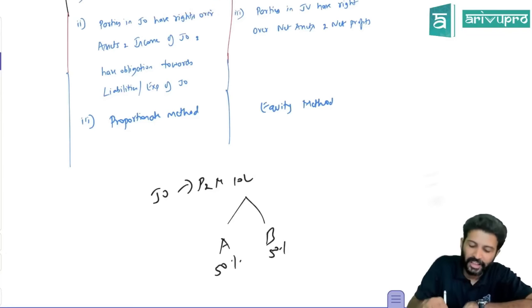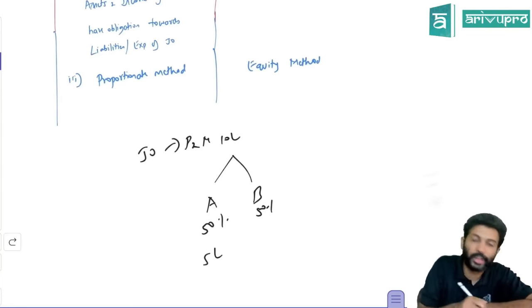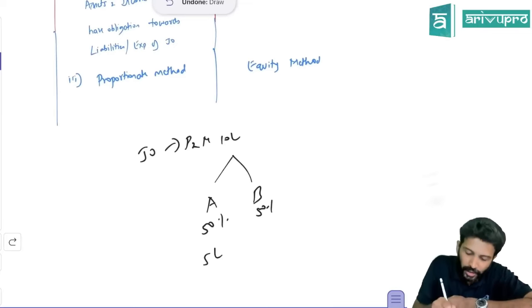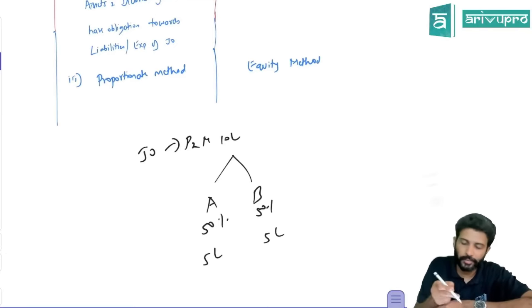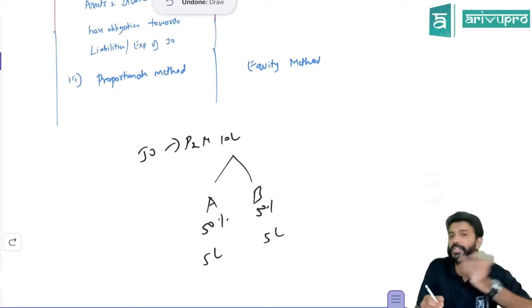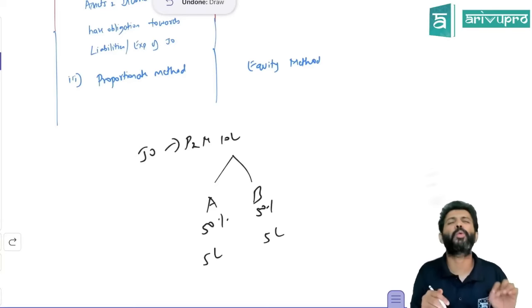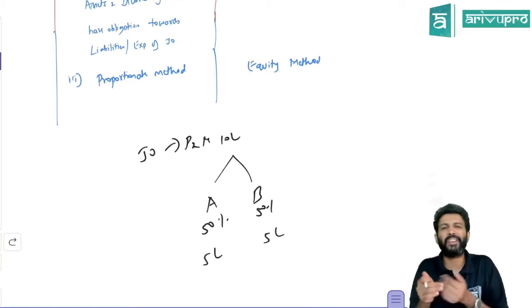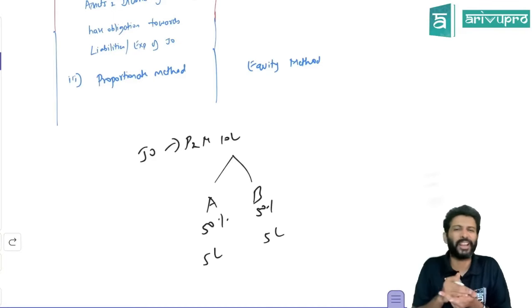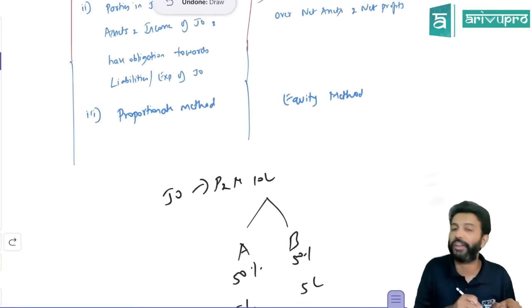That means A will record 5 lakh worth of plant and machinery in his books, and B will record 5 lakh in his books. This we call the proportionate consolidation method. Each party records their own share of assets, liability, income and expense.